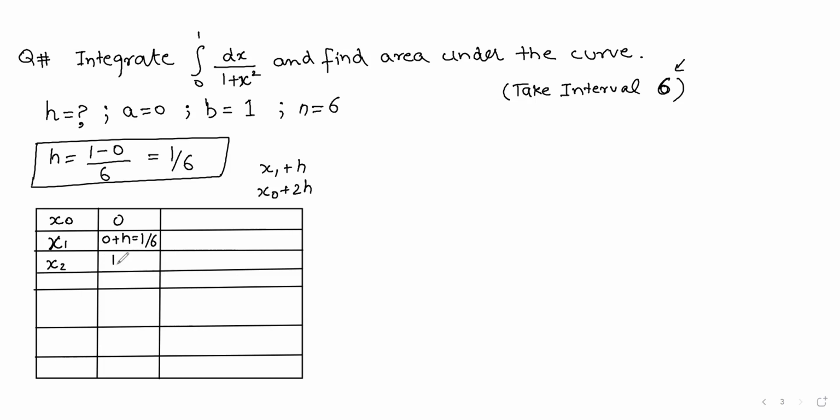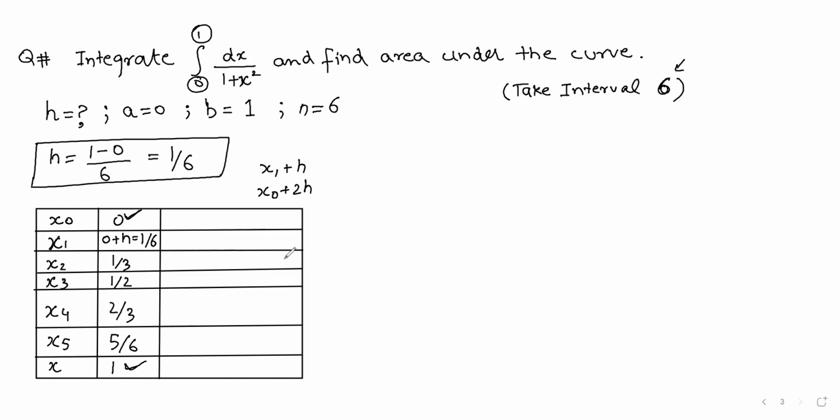What is x3? Can anyone tell me? 1 by 2. What is x4? x4 will be 2 by 3. What is x5? 5 by 6. What is x6? x6 is equal to 1. So automatically you will see that x naught and x6 will be your lower and upper limits, your lower and upper interval.